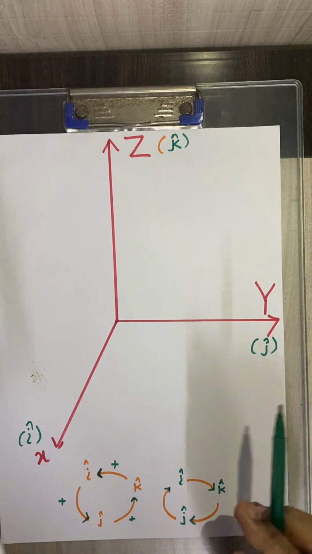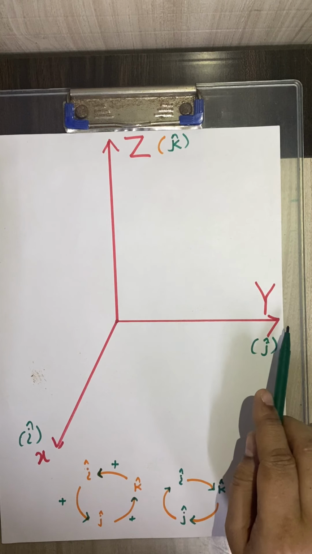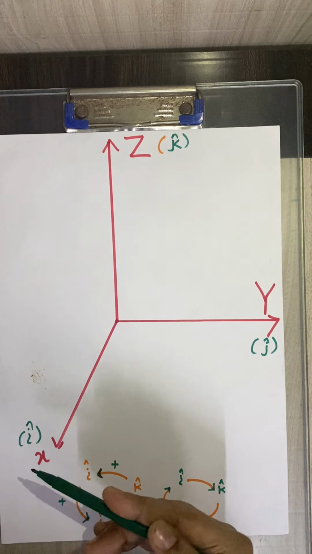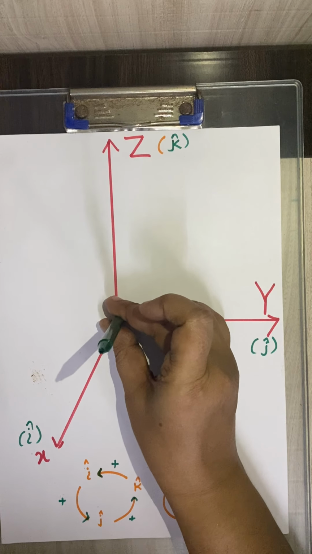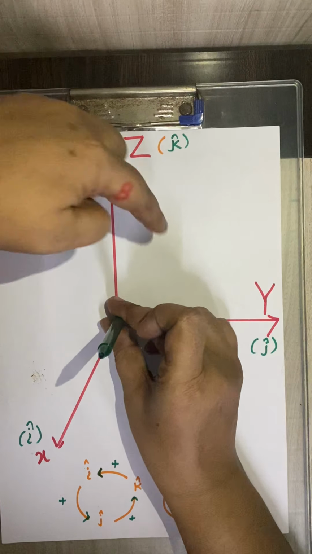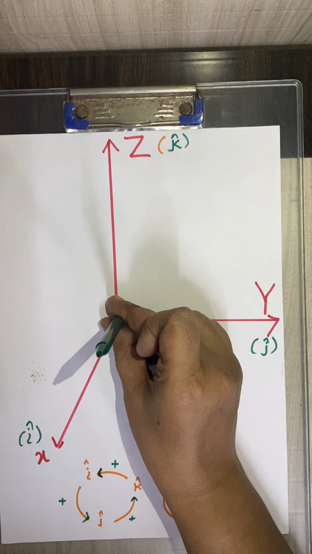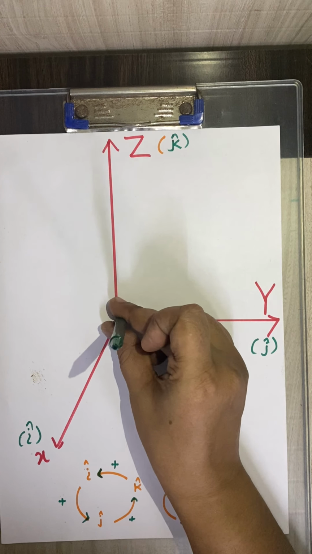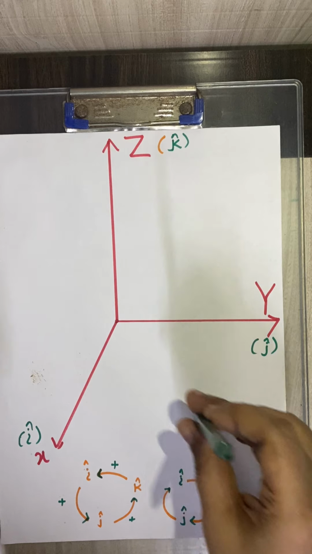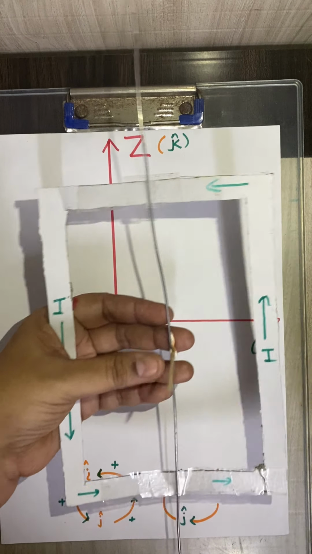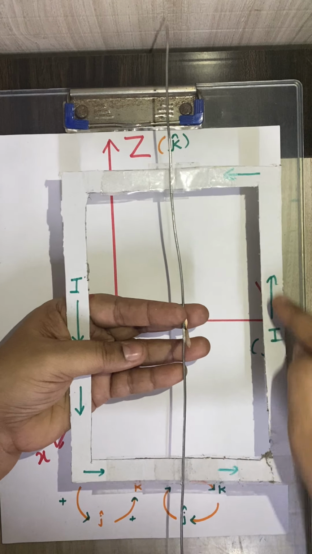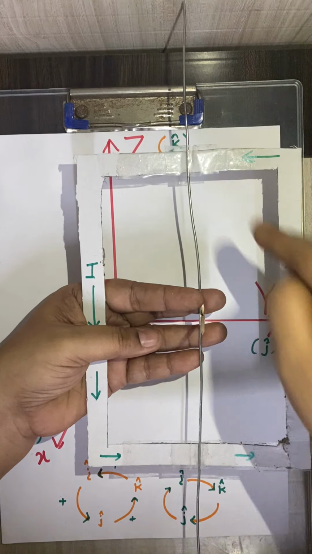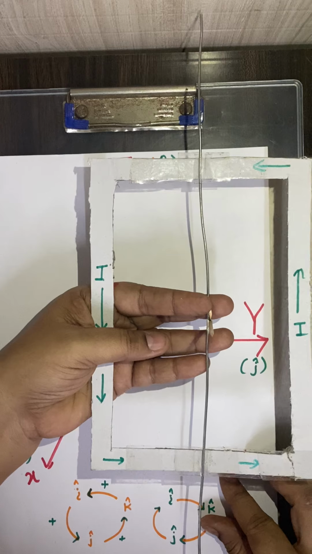If this is z and this is y, then this is the x-axis. Now you have to understand that the coil's position is like this. That means the current is flowing in the anti-clockwise manner and the coil's position is like this.